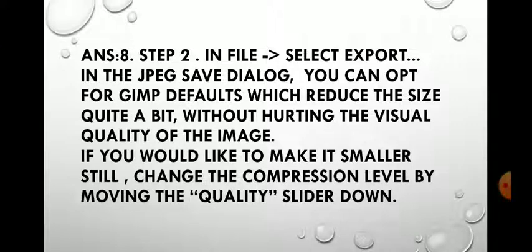In the JPG Save dialog, you can opt for GIMP defaults, which reduce the size quite a bit without hurting the visual quality of the image. If you would like to make it smaller still, change the compression level by moving the quality slider down.